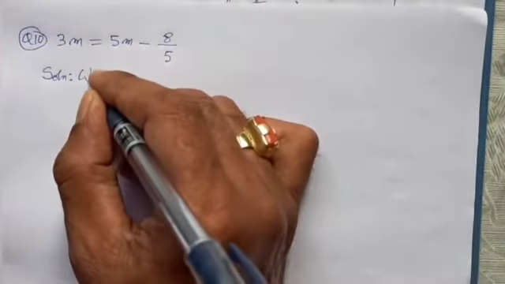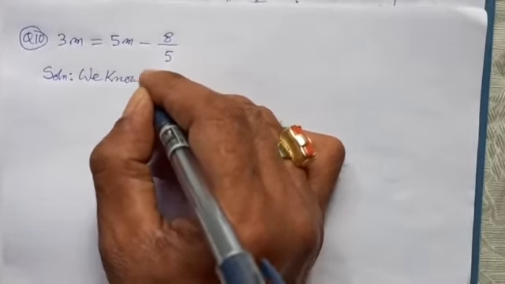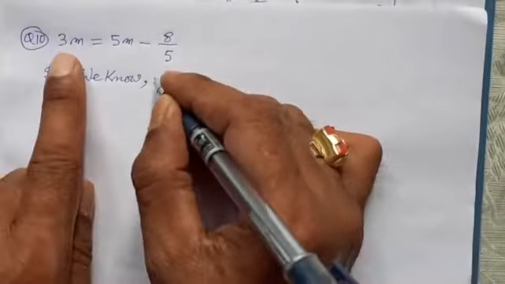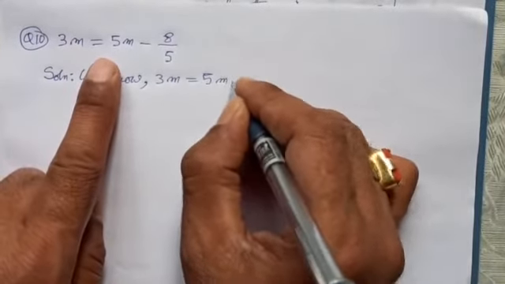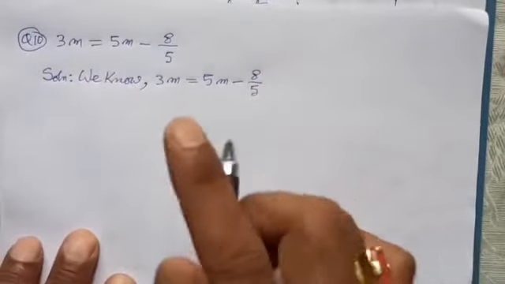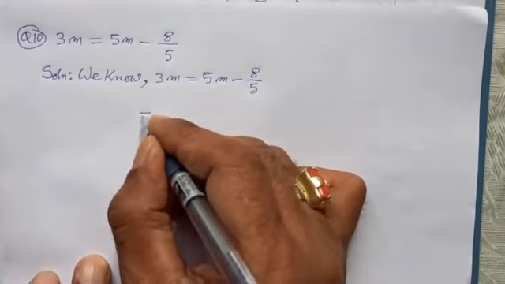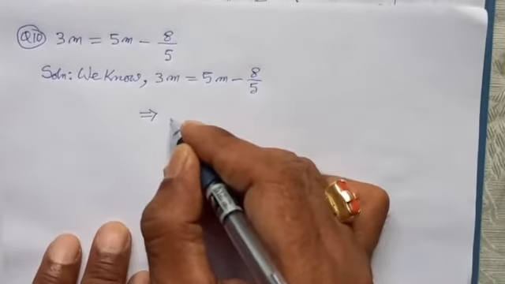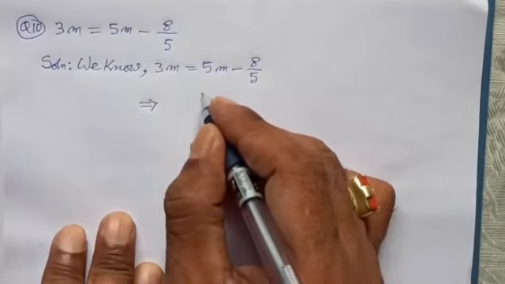Solution. We know 3m is equal to 5m minus 8 by 5. This is the given question. Next step: we have to keep the numbers with the variable on the same side.